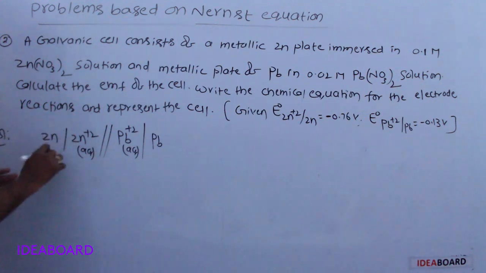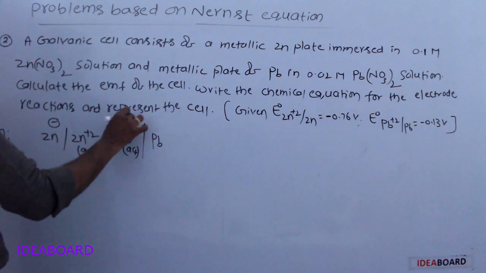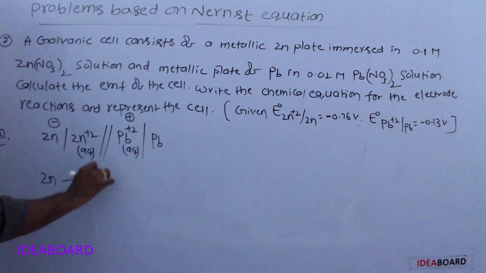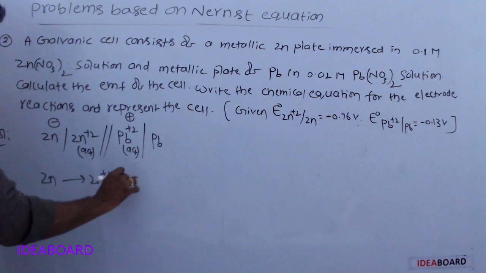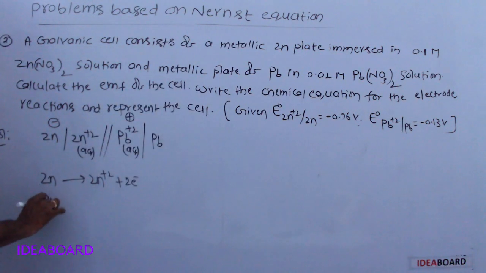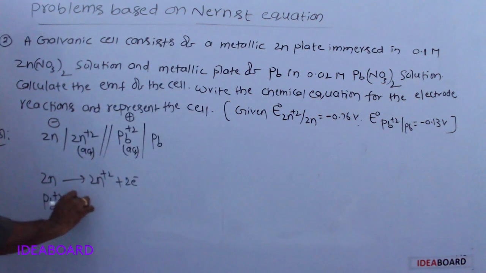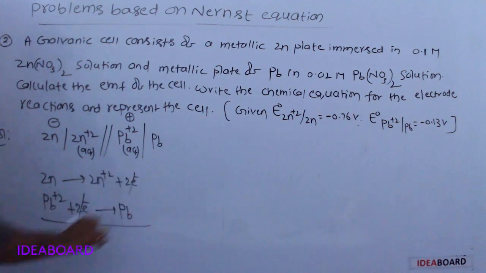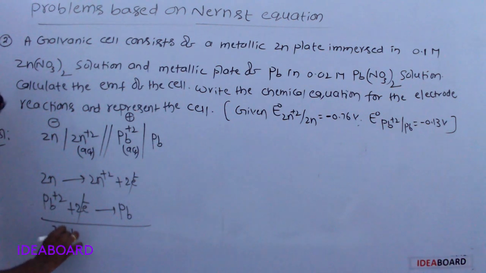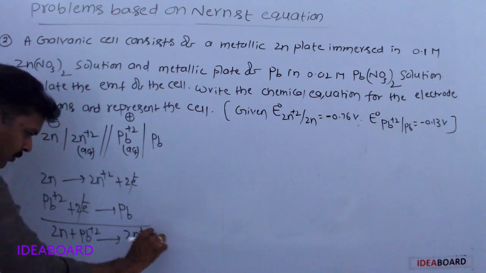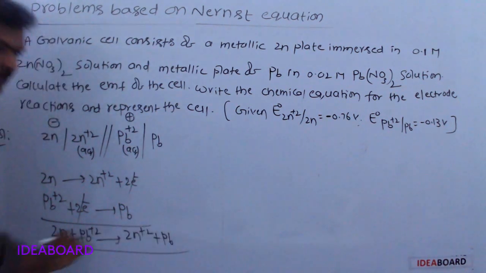Left hand side is the anode, right hand side is the cathode. On the left hand side, oxidation takes place: zinc gives rise to Zn plus 2 plus 2 electrons. On the right hand side, reduction takes place: Pb plus 2 plus 2 electrons gives rise to Pb. Electrons get cancelled. Then Zn plus Pb plus 2 gives rise to Zn plus 2 plus Pb. This is the cell reaction.